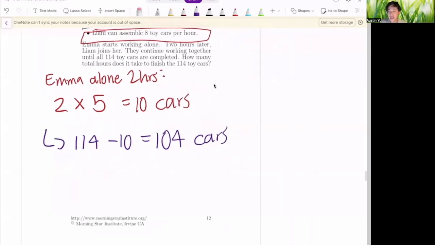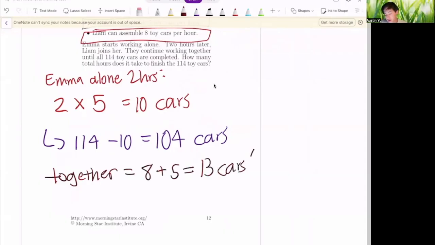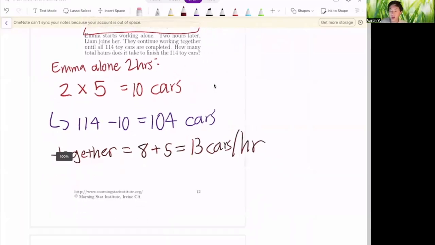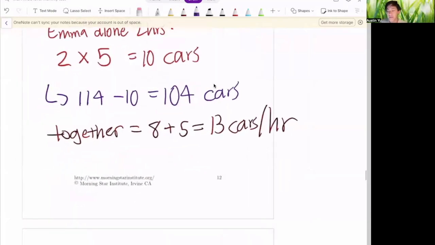And then working together, now, we just add up their toy car rates. So 8 plus 5 equals 13 cars an hour. And all we have to do now is divide 104 by 13, right? So 104 divided by 13 would give us 8 hours.